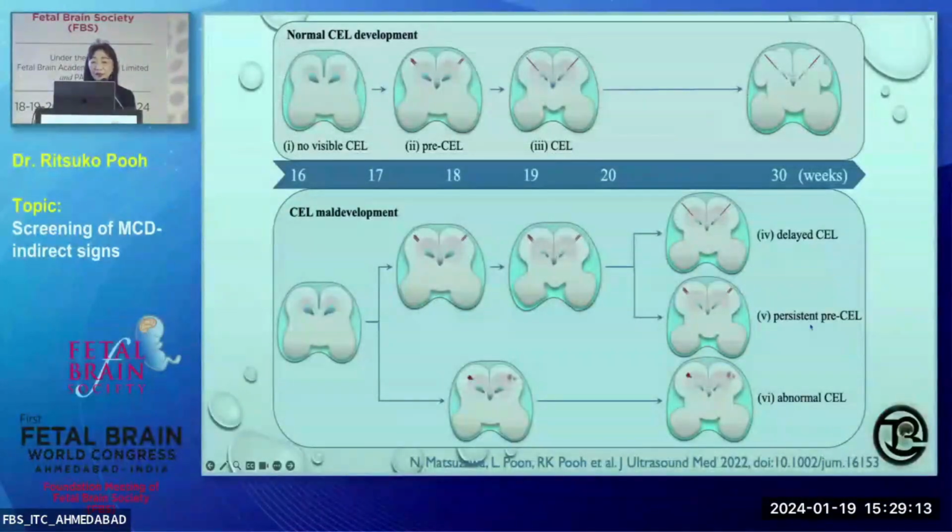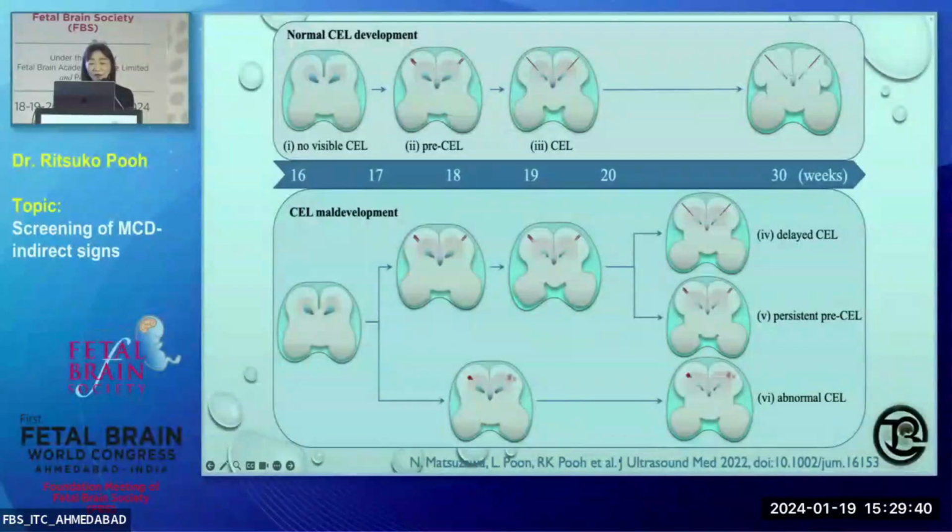This is the summary slide of our speculation of the normal and abnormal CEL development. From our study, we can say that in normal brain development, no visible CEL changes into the pre-CEL and then the CEL by 19 weeks of gestation. And maldevelopment of the CEL is summarized here.